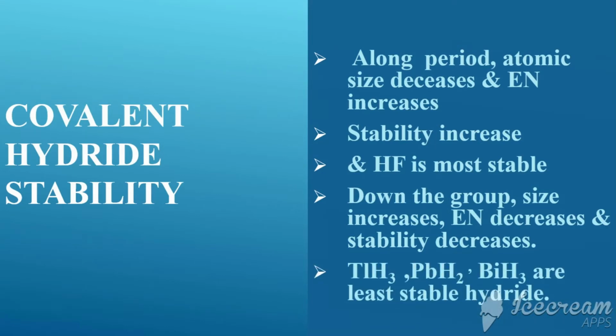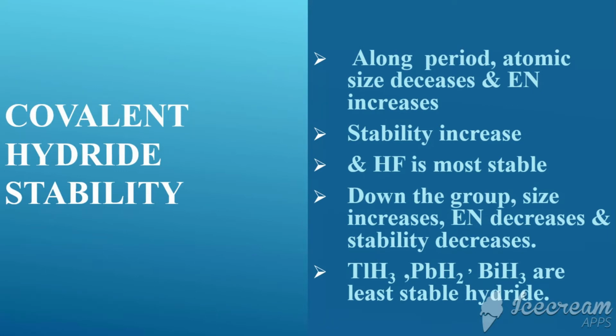Such as thallium hydride, lead hydride, bismuth hydride. Thallium, lead and bismuth are the lowest members of their group. Bismuth belongs to 5th group: nitrogen, phosphorus, arsenic, antimony, bismuth. Lead belongs to 4th group: carbon, silicon, germanium, tin, lead.